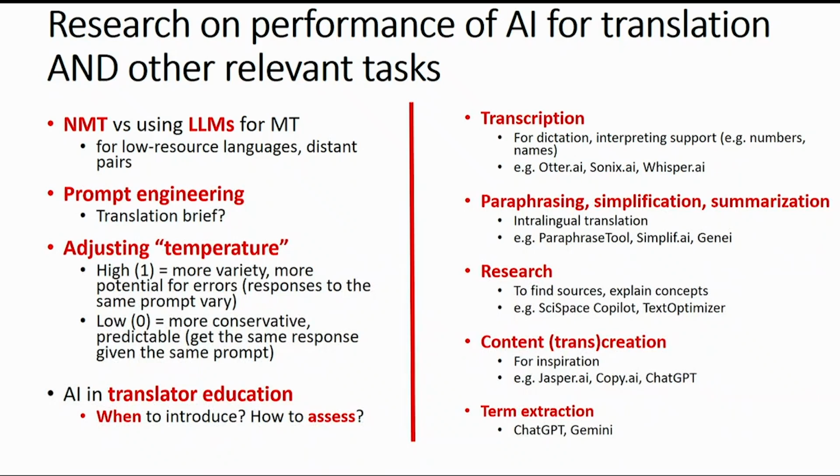Term extraction is another task, so anyone who signed up for the workshop tomorrow on AI and interpreting, one of the things we're going to look at in that workshop is the way that these tools perform term extraction compared to the existing more conventional approaches. So tons of scope for not only the task of translation, but other tasks that might be part of a translator's bigger profile or a researcher's bigger profile.